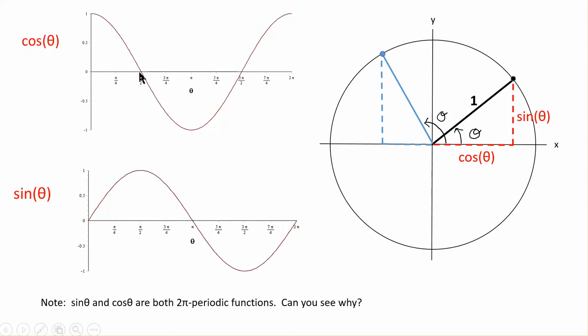So cosine, once you get past pi over 2, or 90 degrees, starts becoming negative. Meanwhile, the sine function is just this height here. That's still in the positive y direction. So the sine function is still positive. So if you exceed 90 degrees, the sine function is still remaining positive.